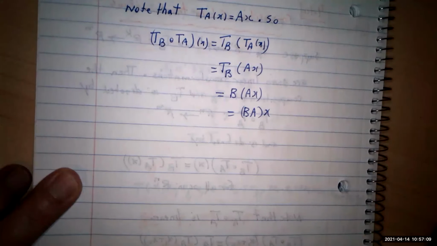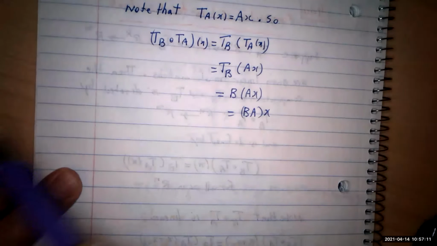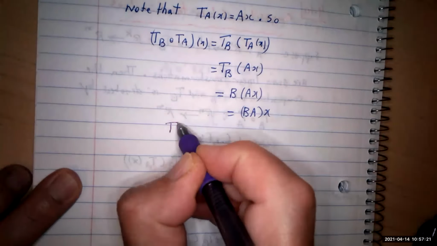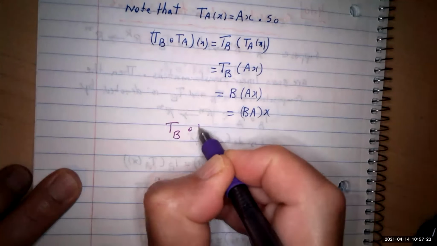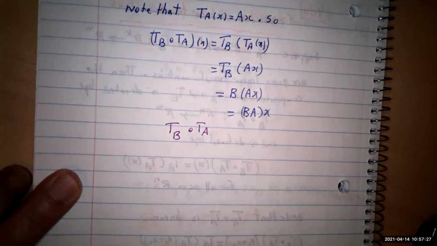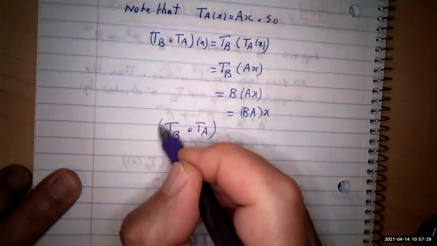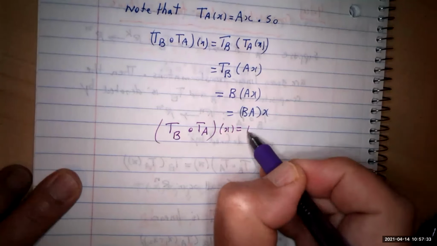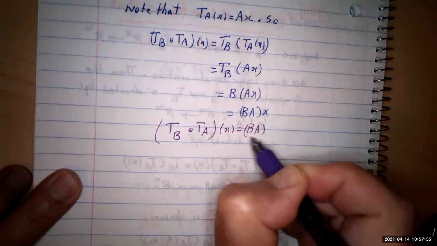This means that when we compose them together, that linear transformation is again a linear transformation associated with a matrix. What is the matrix? If you compose T_B and T_A at X, it is equal to B times A times X, you see?